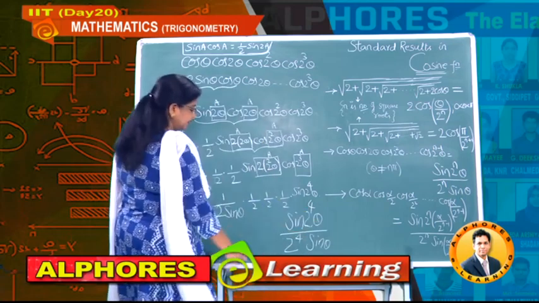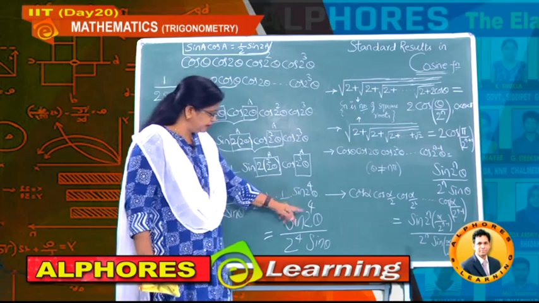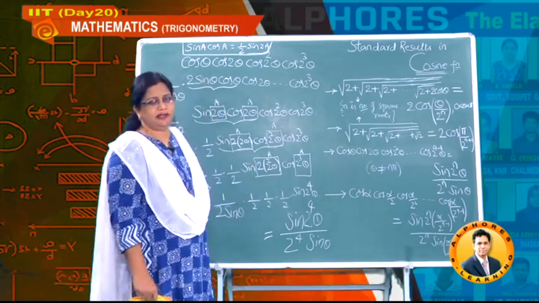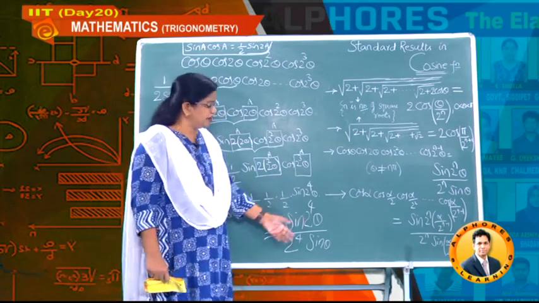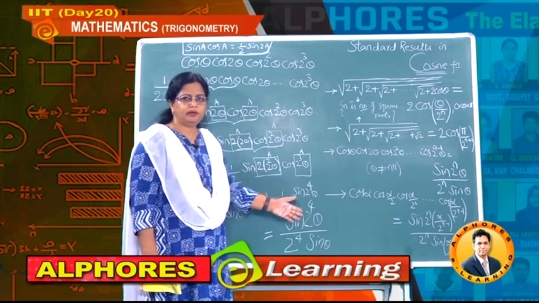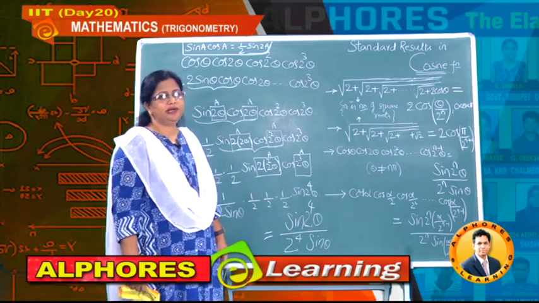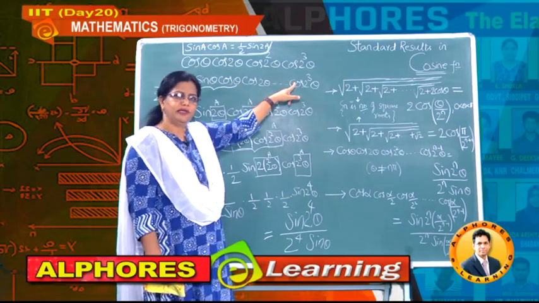Understand? And don't use your unnecessary knowledge, that 2 power 4 gets cancelled with sin theta, don't use such silly values. Now this is sin of 2 power 4 theta, so you cannot take any value to the front. That is why, students, this is the answer you got by taking 4 terms.